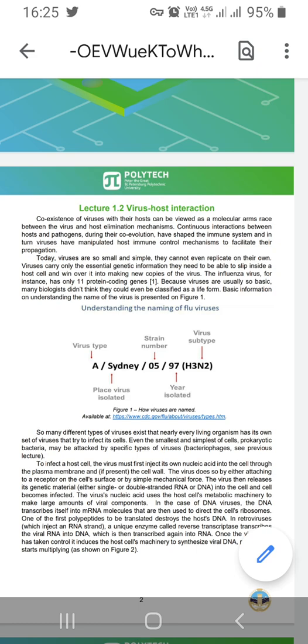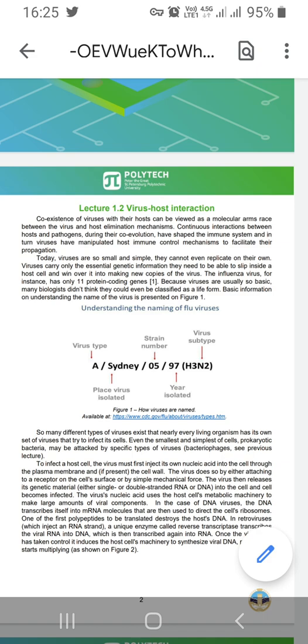The influenza virus, for instance, has only 11 protein coding genes because viruses are usually so basic. Many biologists didn't think they could even be classified as a life form.